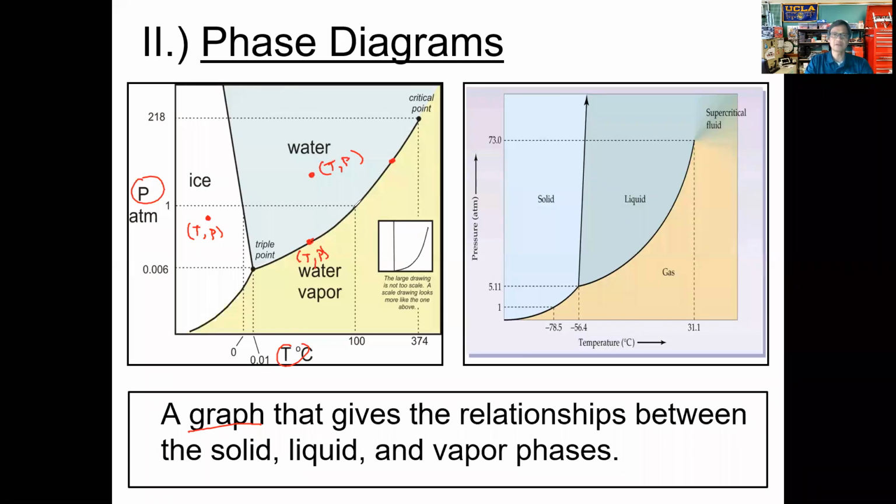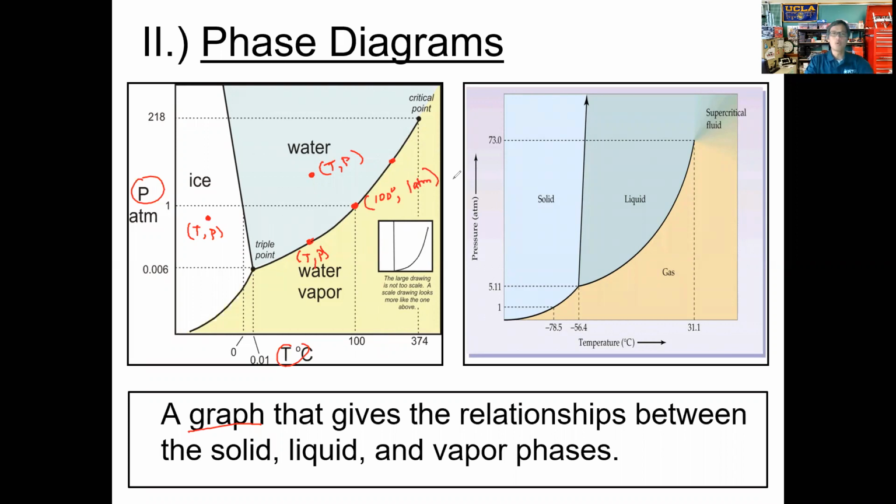So let's examine this point here. This point lies right along this line, so it has a temperature associated with it, and we trace the line down, and it's 100 degrees Celsius. At this point, the substance is at 100 degrees, and then we trace it over to the y-axis, and the y-coordinate is 1 atmosphere.